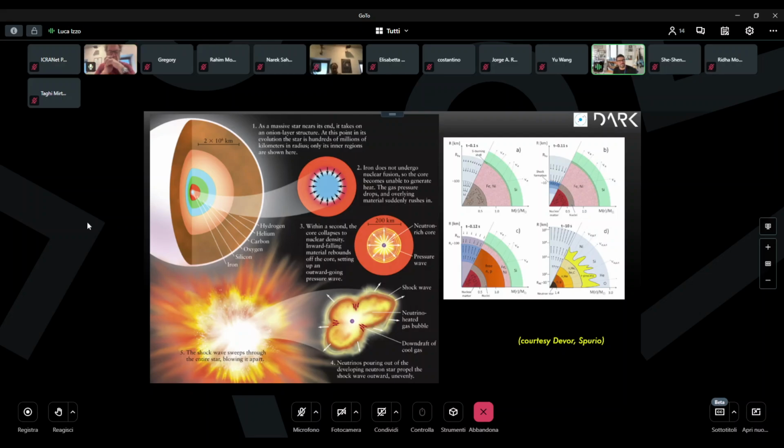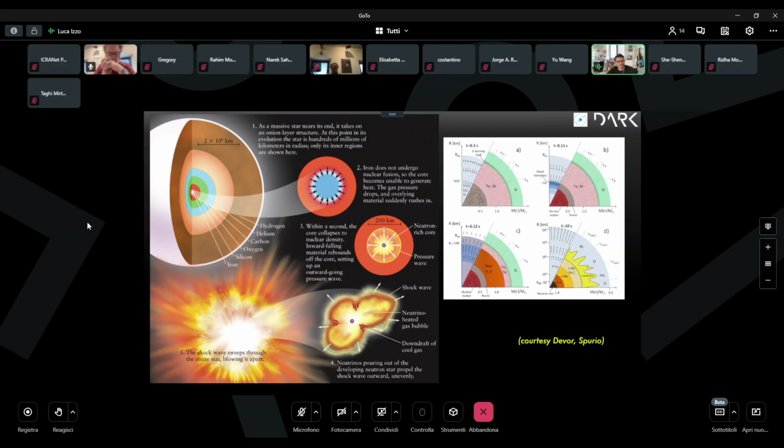And you should know very well that at a certain time this star is still kept in equilibrium by the radiation pressure generated by nuclear reactions in the core versus the gravitational pressure that is trying to compress all the external layers onto the core. But at a certain time, when we have an iron core, iron is one of the most stable elements, and in order to ignite additional nuclear reactions, you must provide energy to the iron core. And this cannot be provided just by the gravitational compression.